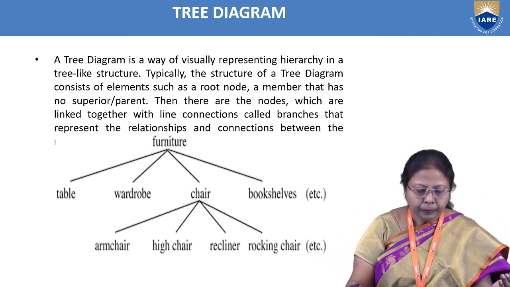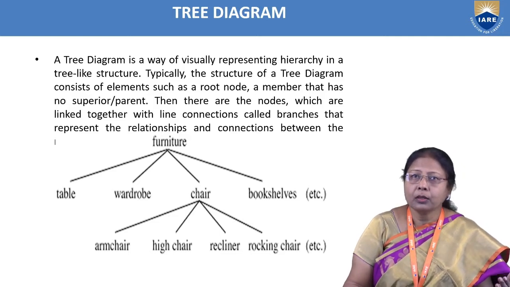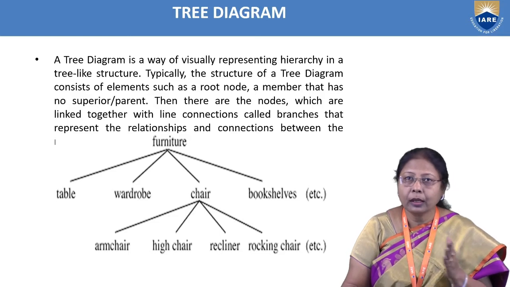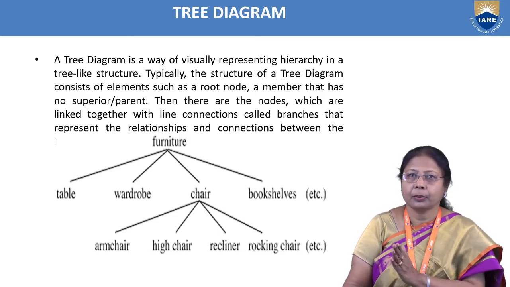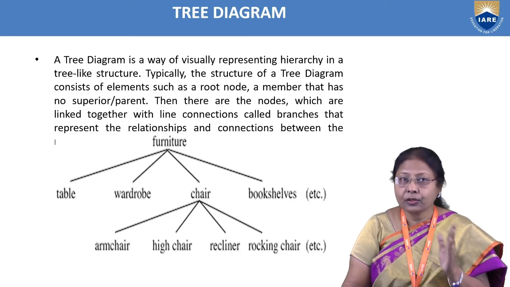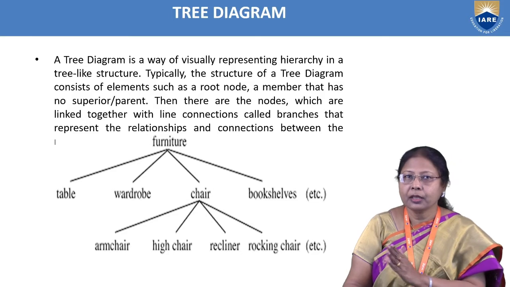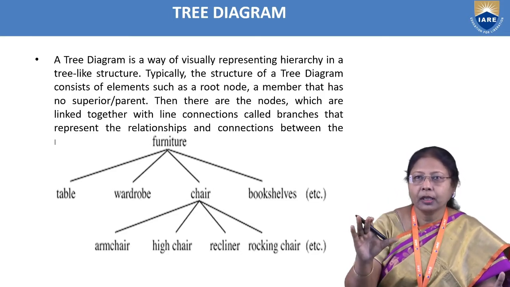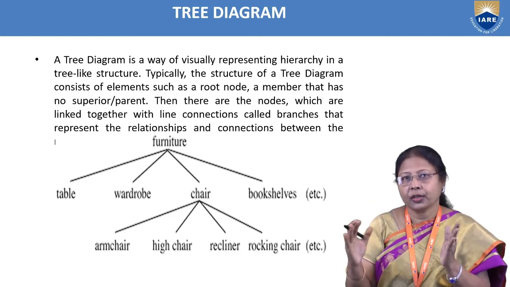So here you see, these are the nodes which are linked together with lines, or line connections, which we can call branches, which represent the relationships and connections between them. See here, I have given a picture in the slide, the tree diagram of furniture.